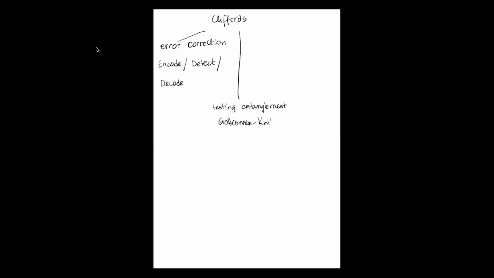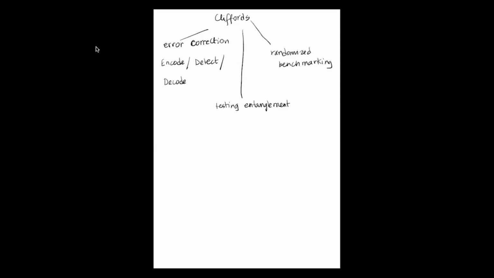And finally, where my recent work has been is Cliffords are used in randomized benchmarking, which basically means it wants to check. Randomized benchmarking is a way of checking what is the error probability in your hardware, in your quantum machine right now. And how is that done?